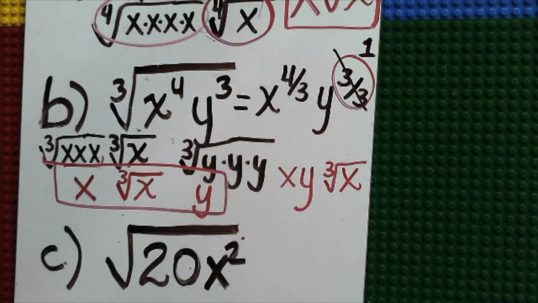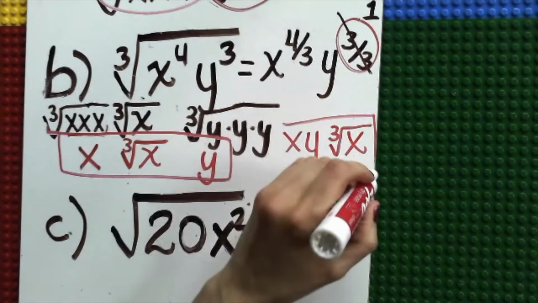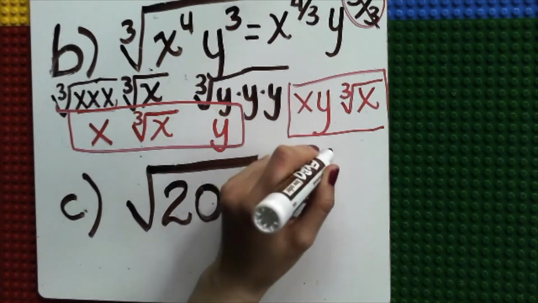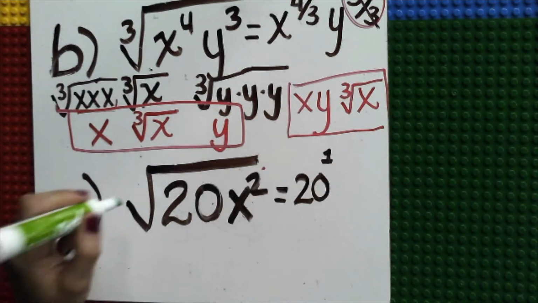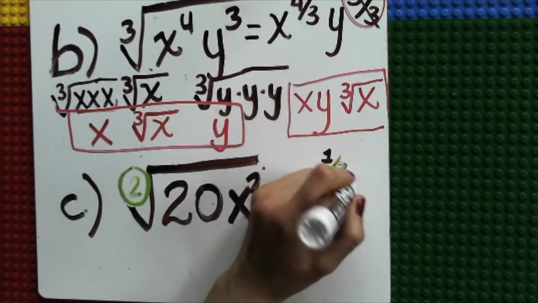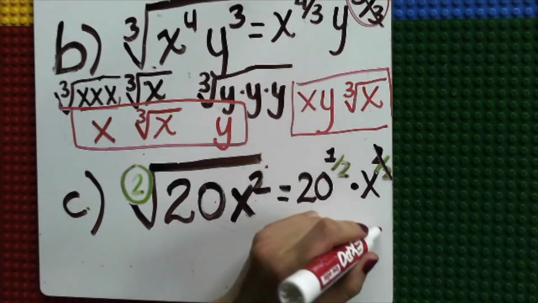This is the order we usually like things to be in mathematics, but the previous answer works too. Finally, the square root of 20 times x squared is 20 to the 1st power divided by 2 because our index is 2. Times x squared is also going to be divided by 2 because of our index. Notice that 2 divided by 2 is 1.